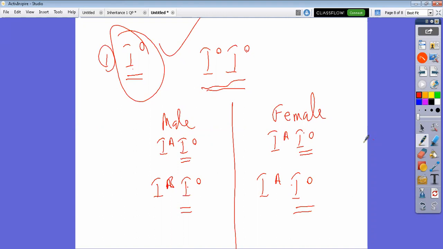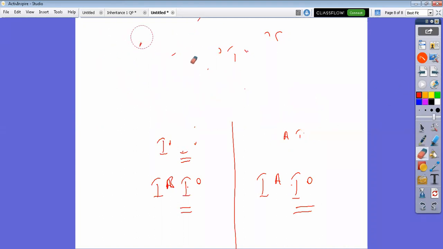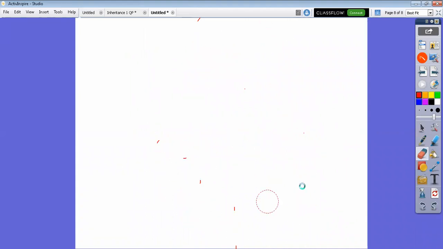What they can also say is, what about if I want 25%? Okay, let me show you what I mean here. So from these combinations here, if we do the Punnett square, if we are quick, sometimes you can actually do it in your head. So now, just to show you certain things here.